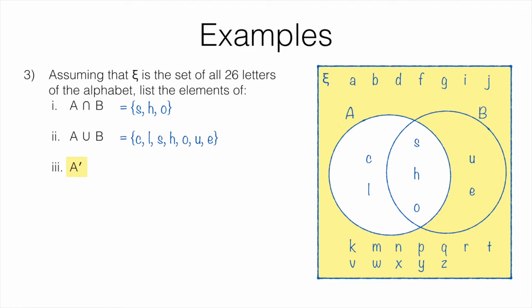So everything outside of set A belongs to this set here, the complement of A, or not A. And we can simply list out the elements of this set as follows.